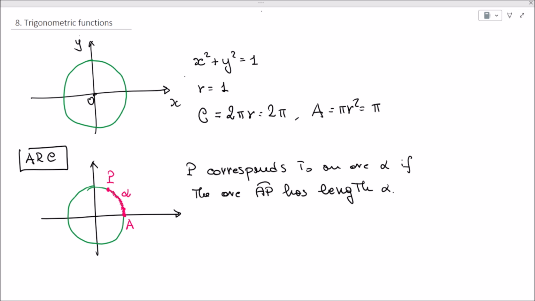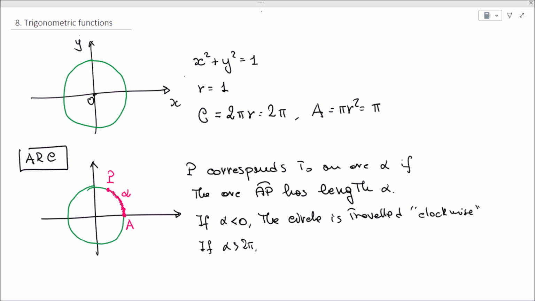Now, by convention, if alpha is less than 0, the circle is traveled clockwise, and if alpha is larger than 2 pi, the circle is traveled more than once.